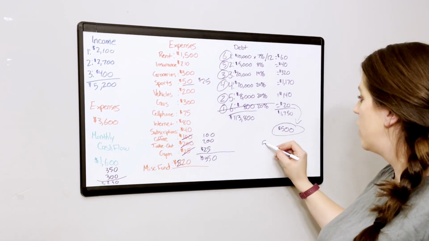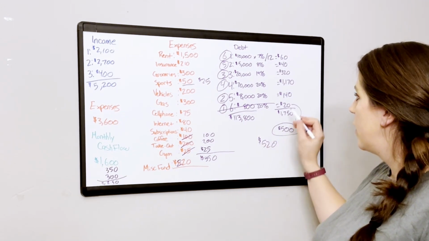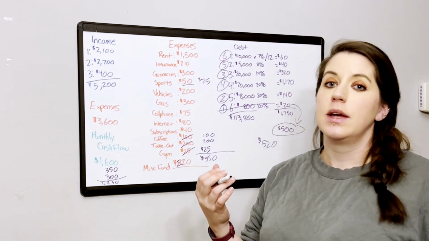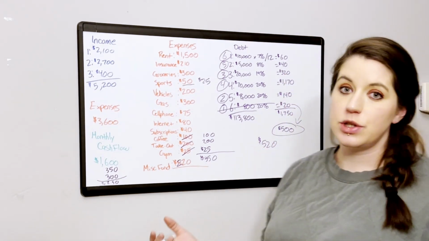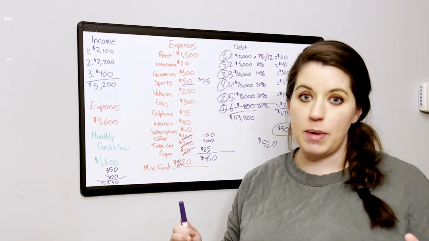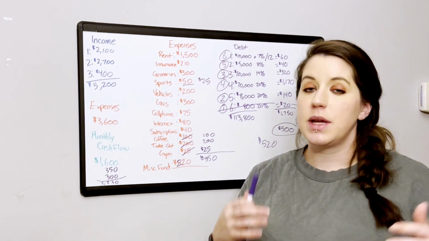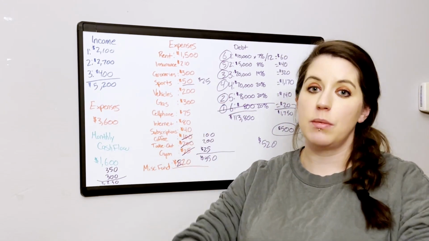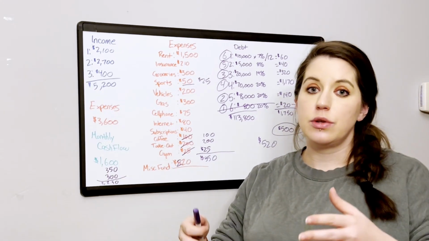So it's now $520 they're able to pay onto the debts within 2 months. So that 20 years is not taking into account compounding, because as your balance goes down, your interest amount goes down, and then you're able to put more cash flow onto the balance of the debt.